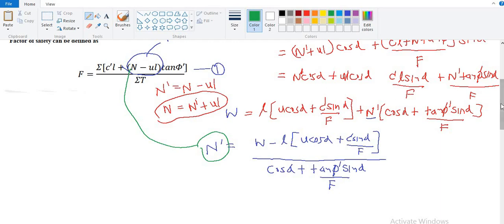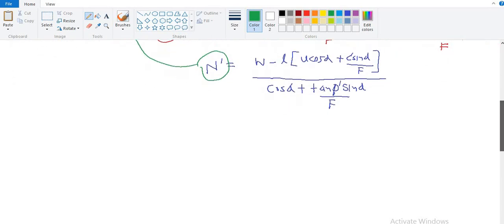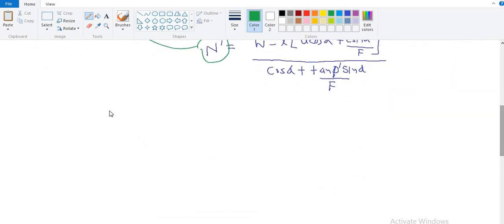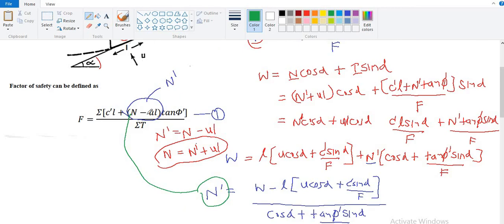If we put that in equation number 1, we will get a new factor of safety equation: F equals sigma, we have the C dash L here. So the C dash L is there, then we replace this N dash by this whole thing.